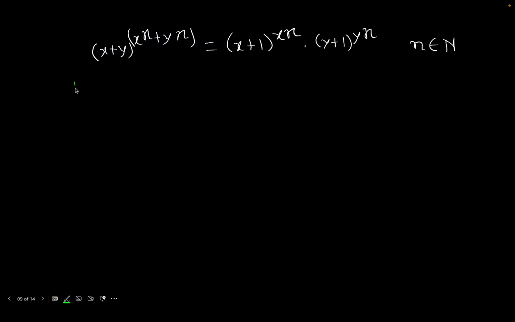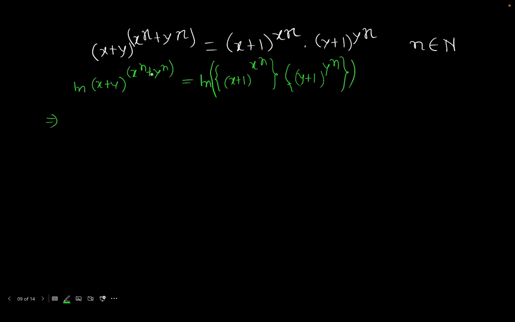So we'll take ln of x plus y to the power x to the power n plus y to the power n, is equal to ln of x plus 1 to the power x to the power n, into y plus 1 to the power y to the power n.